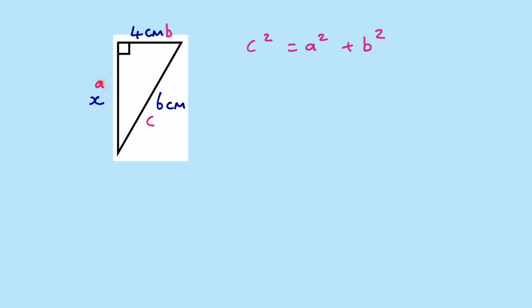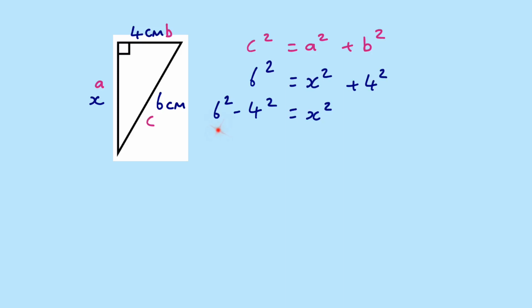Don't forget a is our unknown, x, so that gives us 6 squared equals x squared, our unknown side, plus 4 squared. Then remember we need to get the x squared by itself, so we want to get rid of the 4 squared here. So subtracting 4 squared from both sides, 6 squared minus 4 squared, so we're taking away 4 squared from the left hand side, and then we also take away 4 squared from the right hand side, which leaves us with x squared.